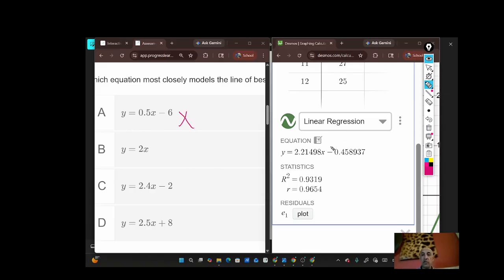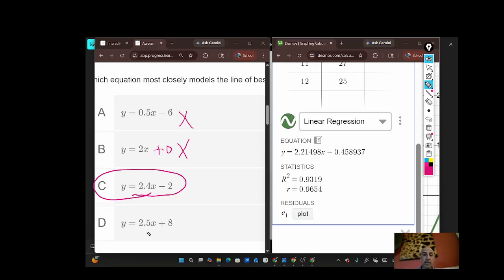You can see here the y-intercept is negative 0.4, and I have no y-intercept here, so this does not fit with the answer. The second one has 2.21, minus 0.45, which starts to be closer. I can say this is more close.